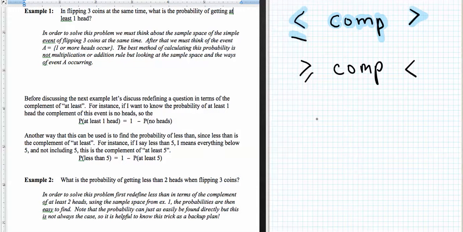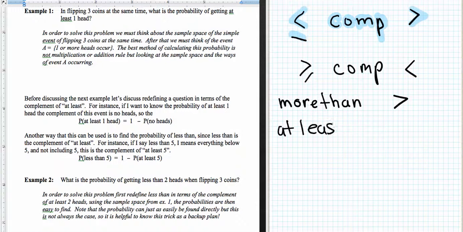So remember some of our translations here. If I say more than, that means I'm talking about a greater than, a strict inequality. If I say at least, that is a translation for greater than or equal to. If I say at most, that is a translation for less than or equal to.